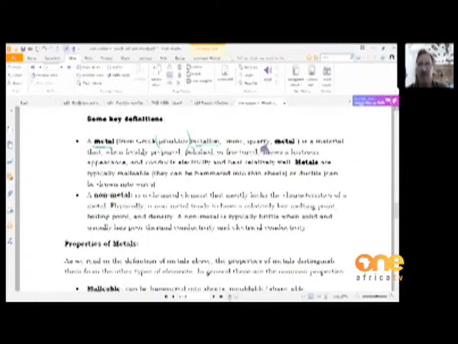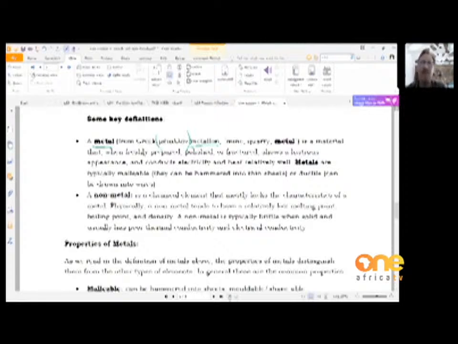And it comes from the word to mine, to quarry. So historically, that is how we got metals. We have to dig up the rock that contains a high percentage of the metal ore in question. We would then crush it and depending on the metal, use different ways to extract it from the ore. That's a topic that we'll be covering at a later stage.